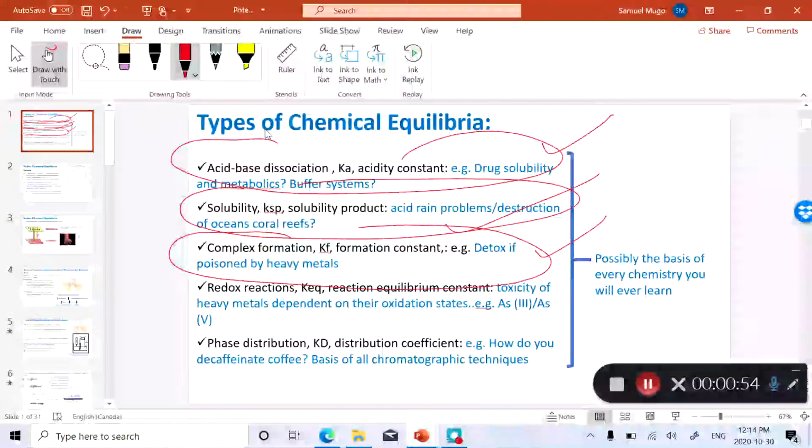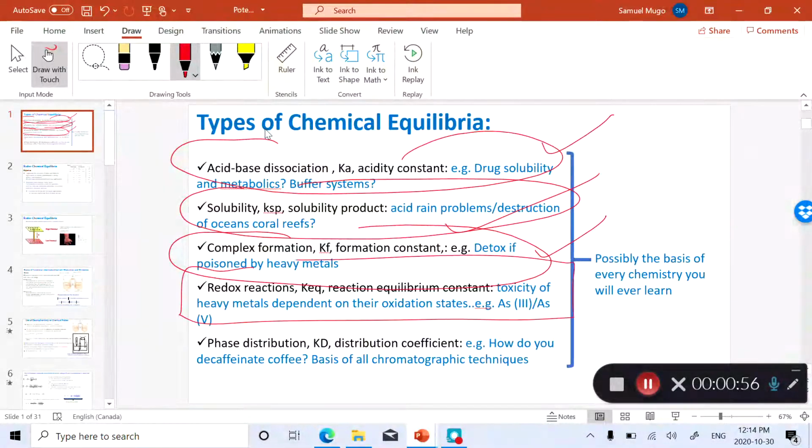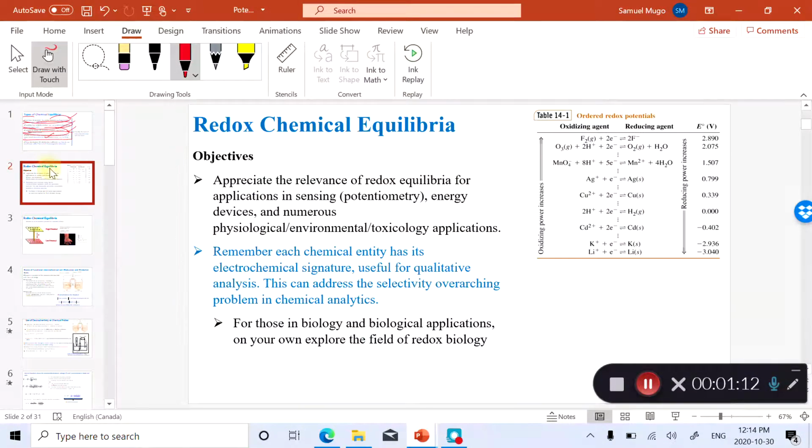And this week, I'm gonna now focus on redox equilibria. And then later on, we're gonna talk about phase distribution equilibria. But this week again, we're gonna focus on redox equilibrium.